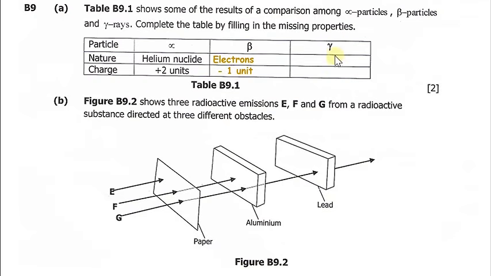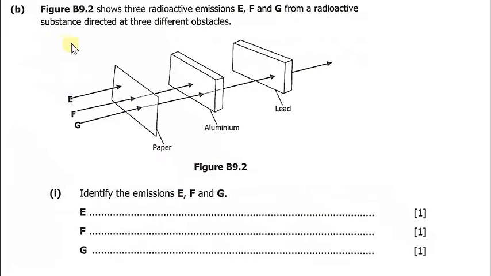In terms of gamma rays, their nature is electromagnetic waves. These are electromagnetic waves. Then their charge, they have actually 0 charge. It is actually 0.